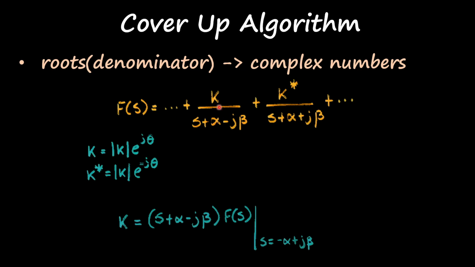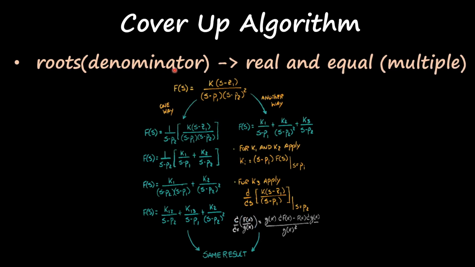The only difference is that you only need to find the k for one of the complex poles. The other one is going to be the conjugate of that, which means that only the imaginary part has the opposite sign. But you do the same thing: you multiply by the pole of interest with your s, and then you substitute the s by that respective complex pole.